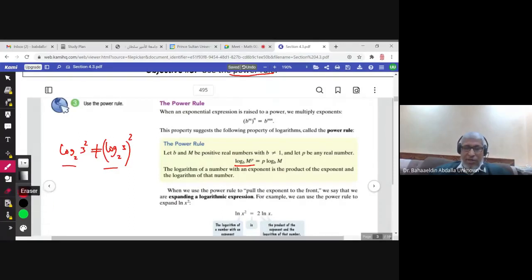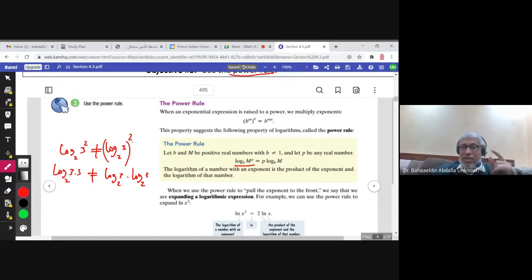If you understand the meaning of powers, the left-hand side is log of 3 times 3, that is 3 to the power 2, so you can write it log 3 plus log 3. While the right-hand side is log 3 to the base 2 times log 3 to the base 2, because the power is a power of the logarithm, the log. So pay attention. The p is a power of m.